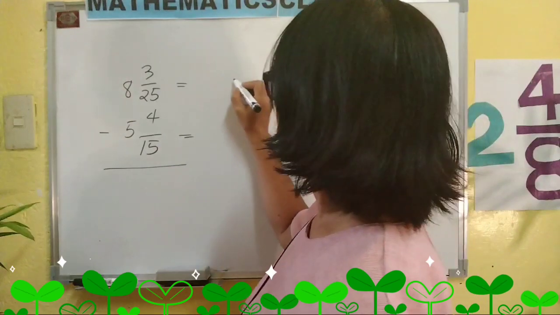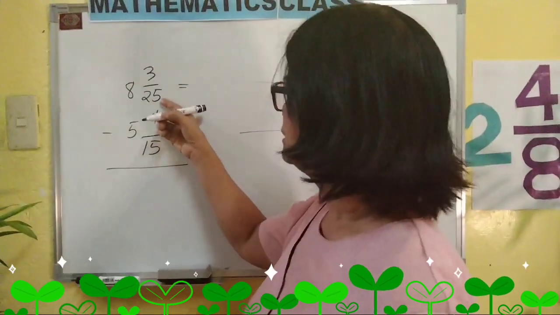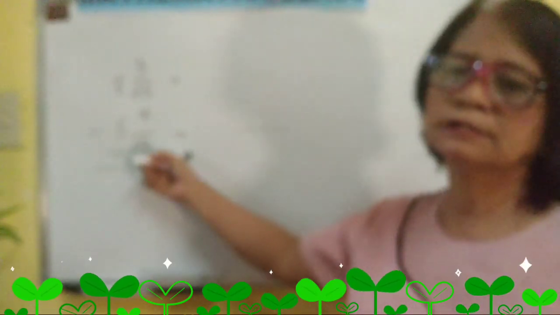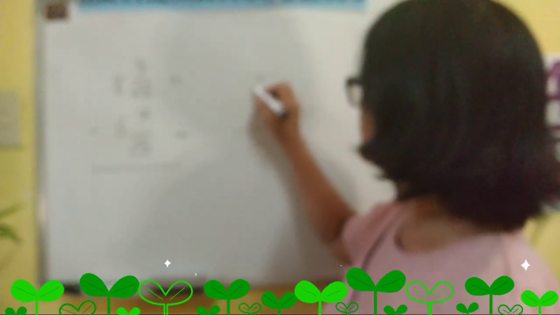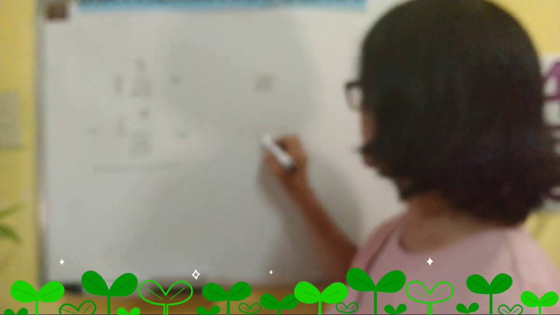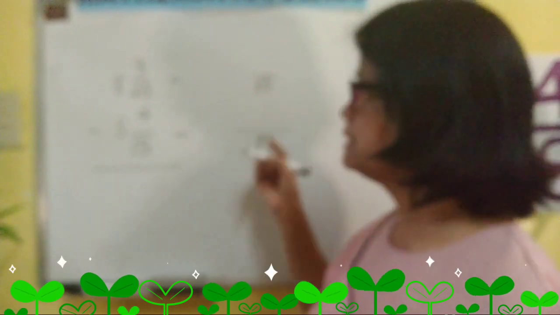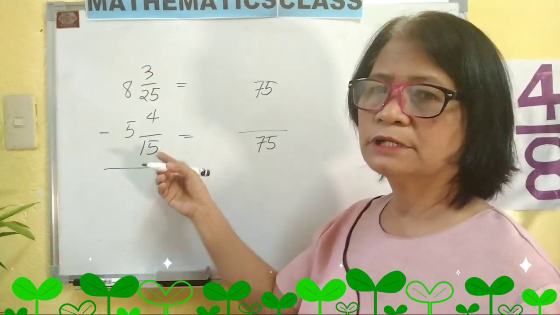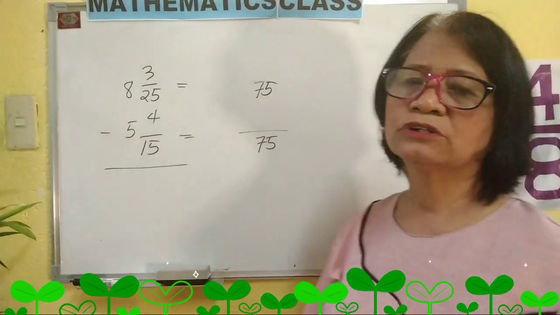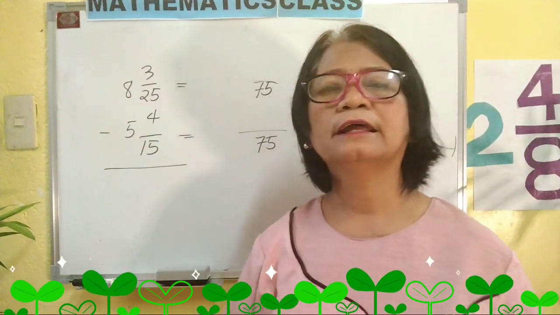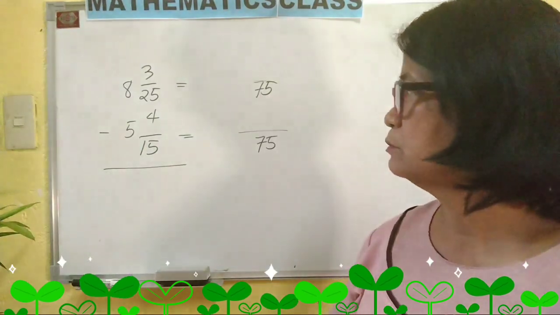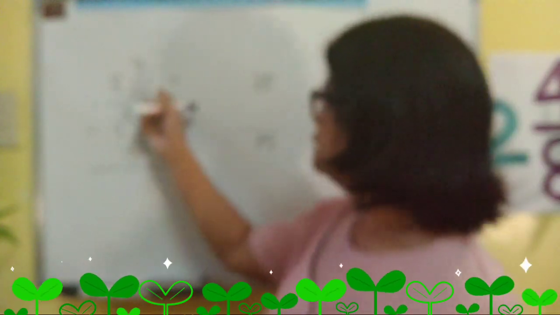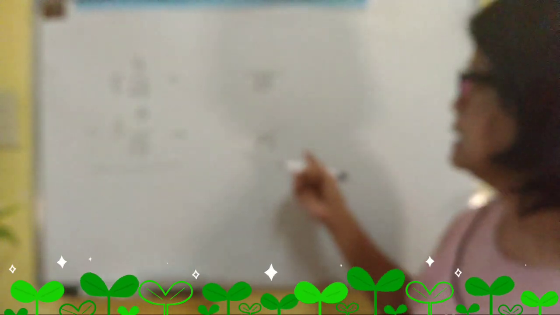The LCD for 25 and 15 is 75. 75 is also the least common multiple of 25 and 15. Always remember, children, that the lowest common multiple is the least common denominator of the two different denominators. So, 75 is our LCD.